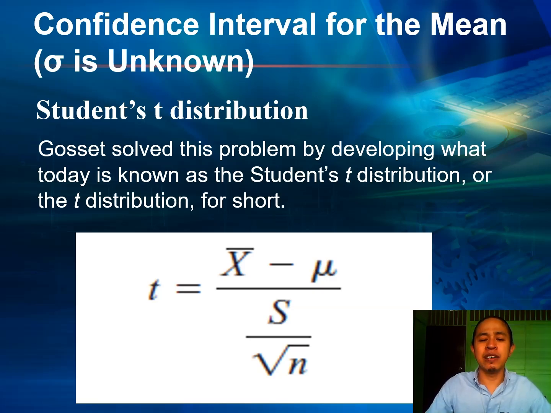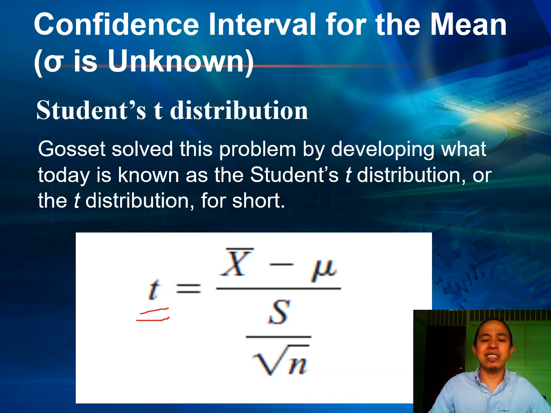Flashed here on the screen is the formula for the T value. Diba? If the population standard deviation is known, we get the Z value. If the standard deviation is unknown, then we are going to solve for the T value. Actually, the formula is just similar to what we use if the standard deviation is known.